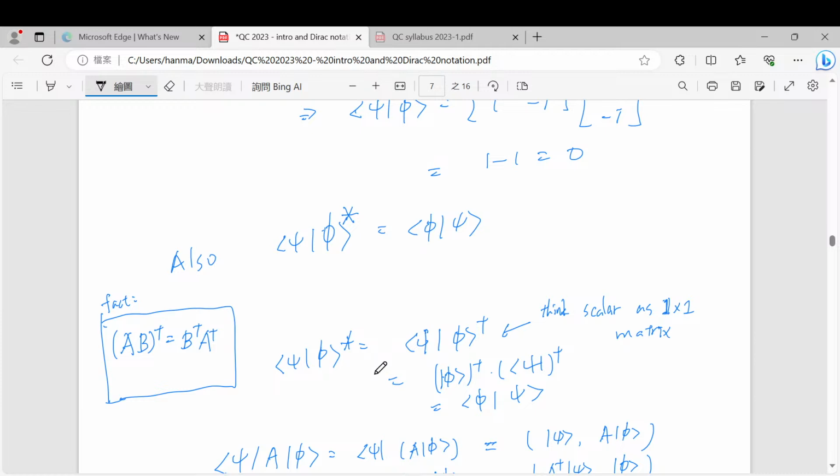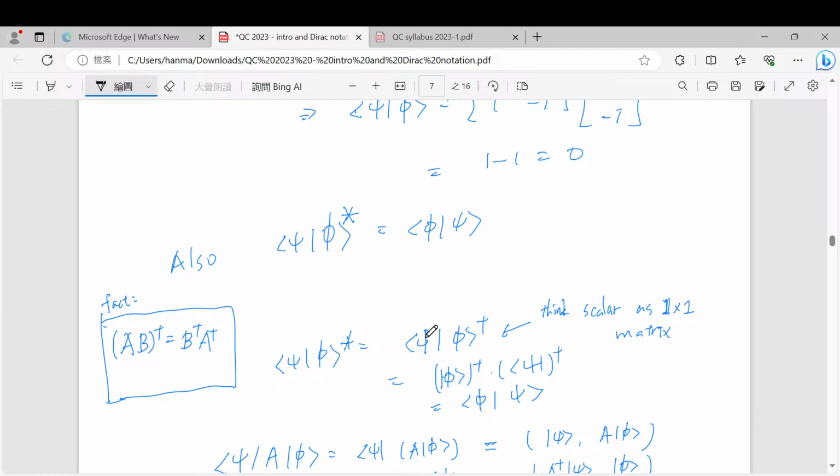Okay. So you start with the left hand side. You have the inner product of psi and phi and the complex conjugation of it. But this is actually a scalar, right? Because the inner product is just a number. So you can do a transpose on a scalar and nothing will happen. And so psi phi star actually equals psi phi dagger, because you had the extra transpose and nothing happened.